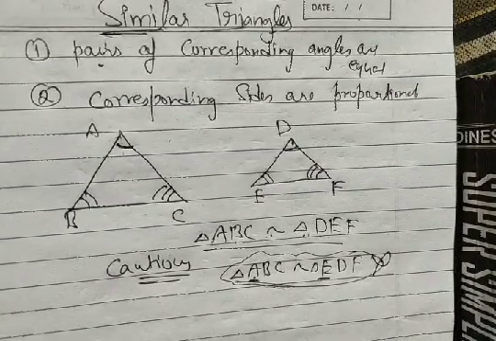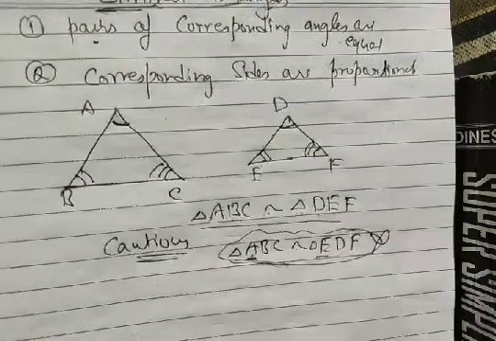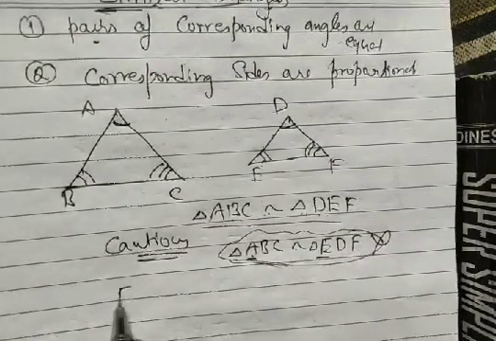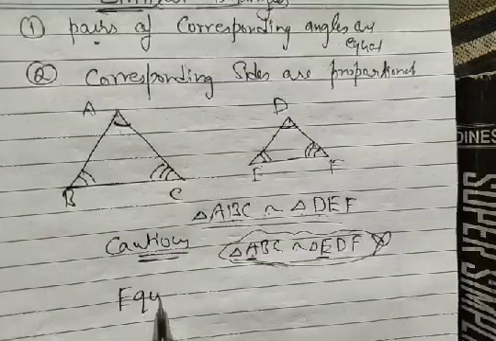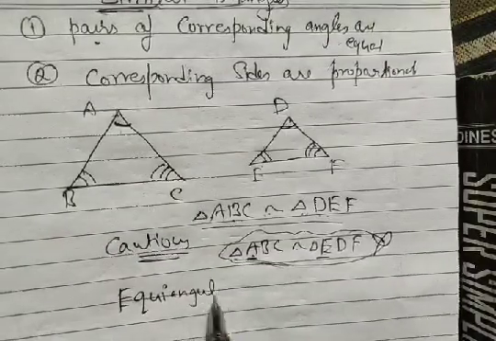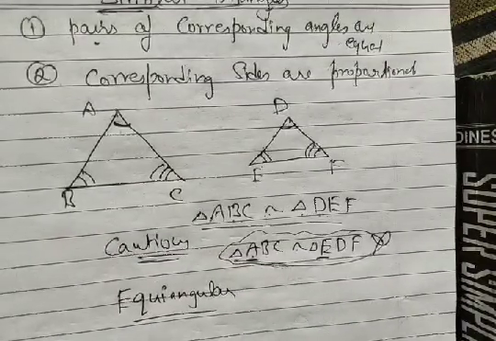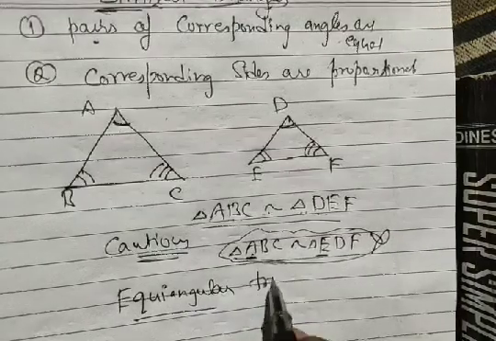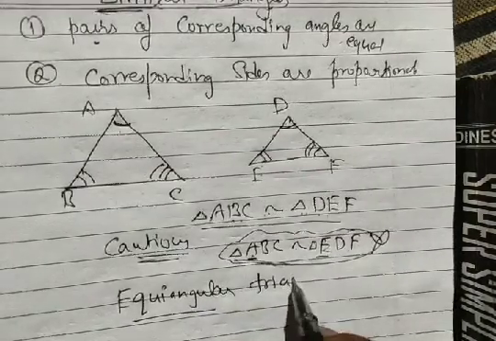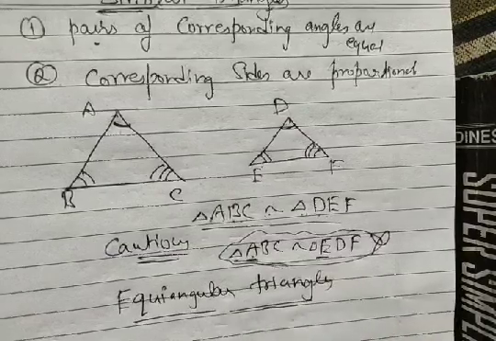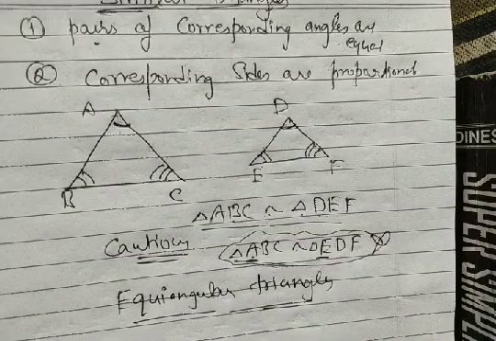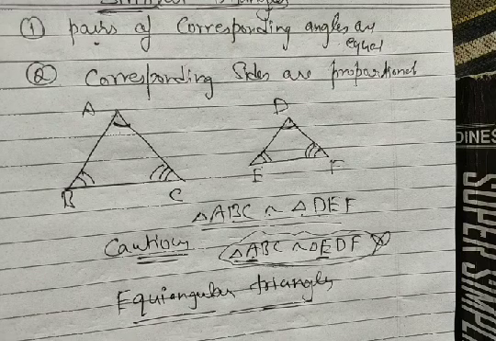Now there is also one more term here: equiangular. Sometimes we use equiangular triangles. Two triangles are equiangular if their corresponding angles are equal.